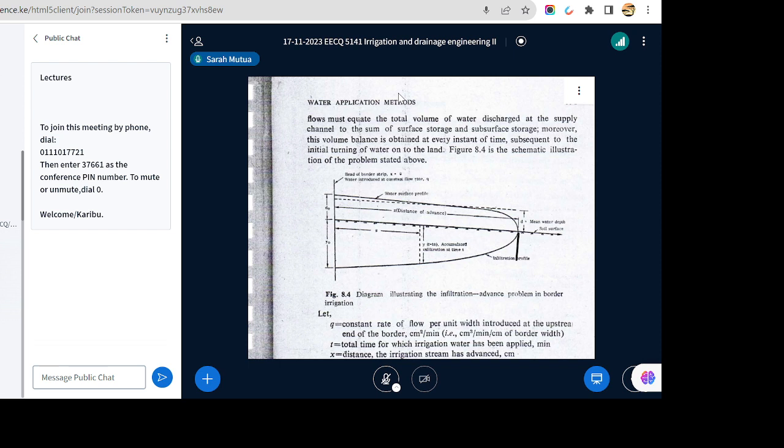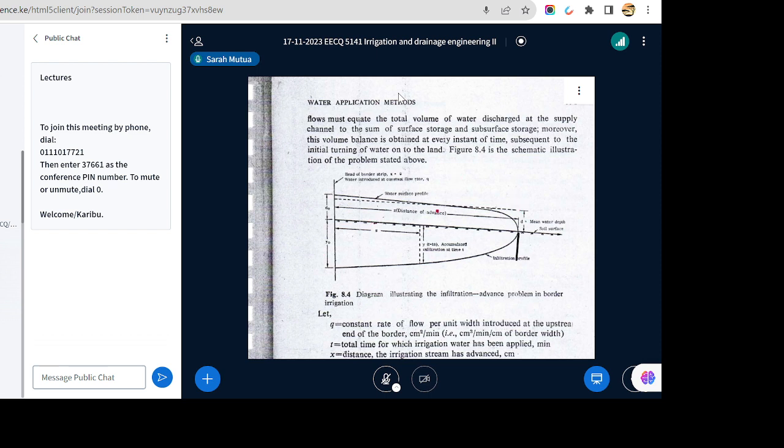And then I've said you also determine the desired infiltration opportunity time, that is the time between the advance and recession curve, and you determine hydraulic resistance, then average depth of flow. The average depth of flow is the dx. And you assume a constant. Why?